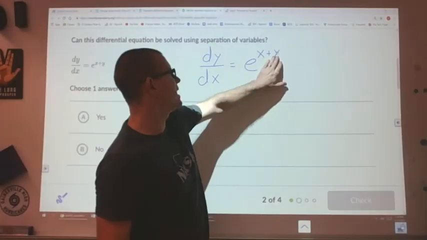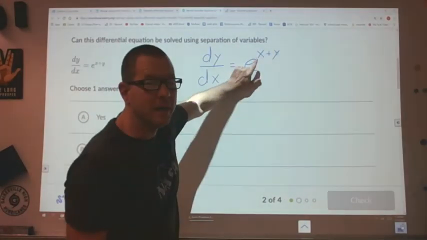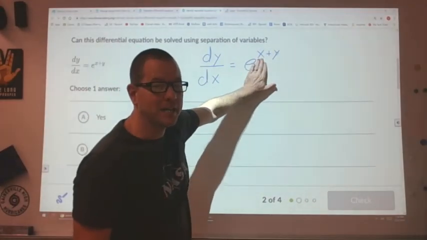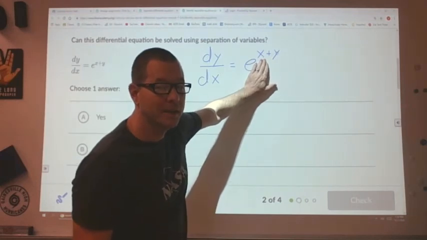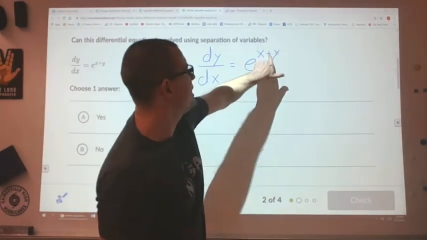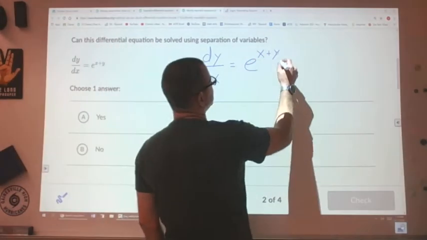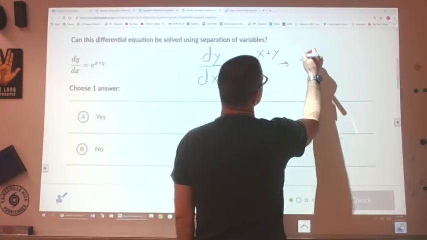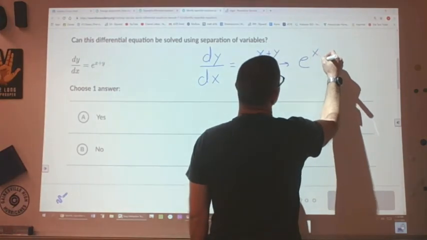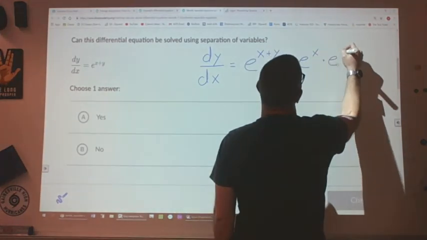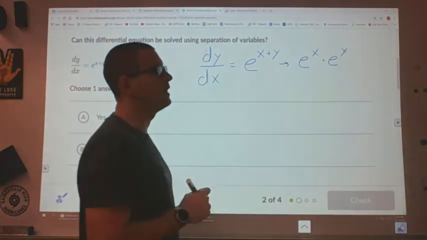Because there's no real way to get that y over here. But e to the x plus y, that exponential form, can be broken down a little bit because if we have addition in an exponent, I can write that as multiplication. So this could just be e to the x times e to the y.